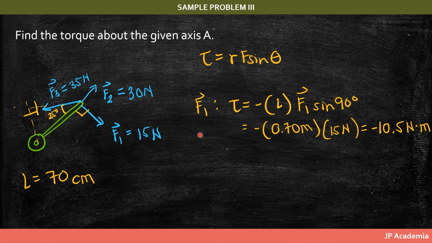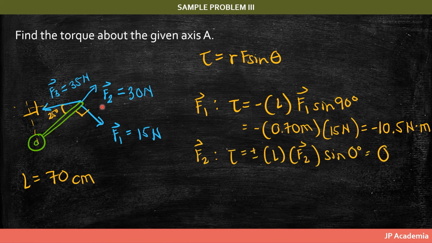So the force F1 produces a negative torque given that it rotates the system clockwise with respect to this axis of rotation A. And therefore, we have this expression, negative L, the length of this, F1 sine 90 degrees. So this is 90 degrees. And therefore, we have the value of negative 10.5 newton meters.